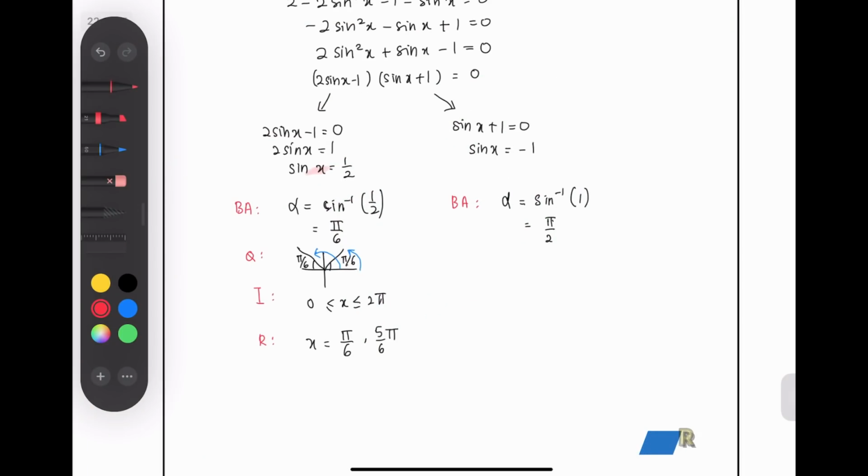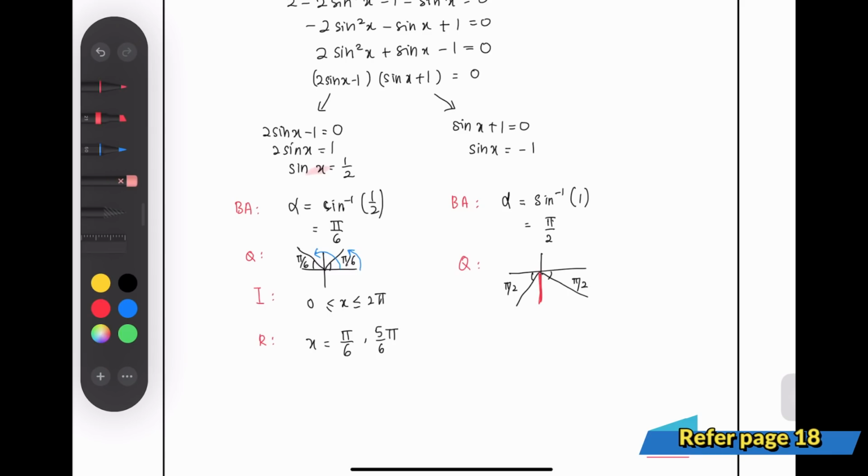So, for the second step, which is Q, which quadrant is sine negative? It's going to be the third and fourth quadrant. But let's take a look at my drawing. Pi over 2 is basically right here. Right?